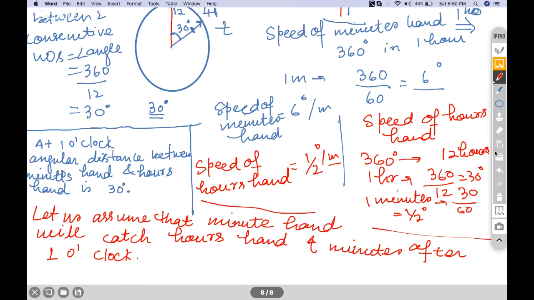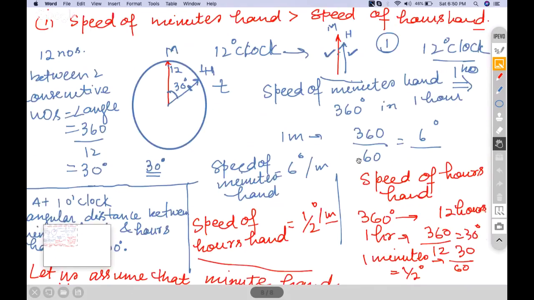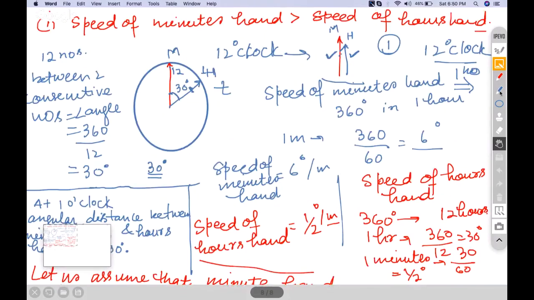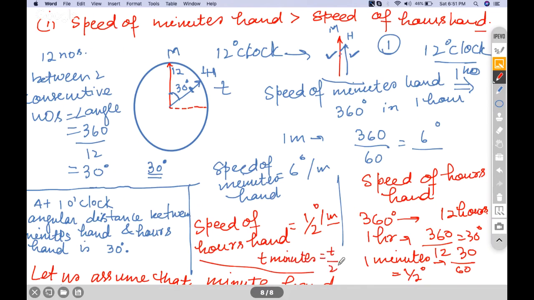So what will happen? If it is catching the hours hand t minutes after 1 o'clock, then in t minutes how much will the hours hand move? Look at the speed of the hours hand. It is moving half a degree per minute. So in t minutes it will move t by 2 degrees.